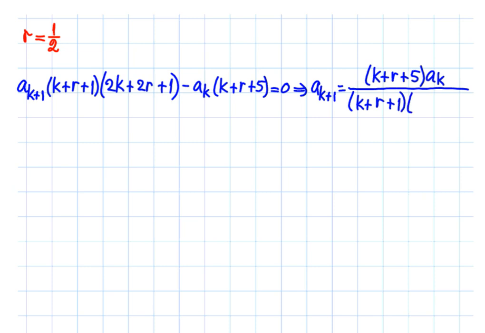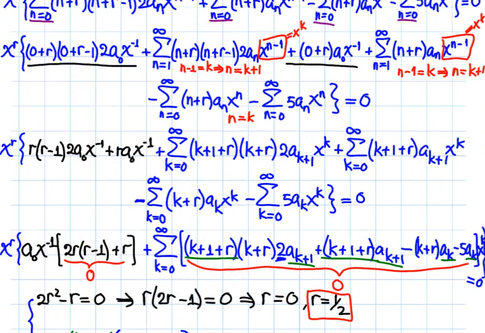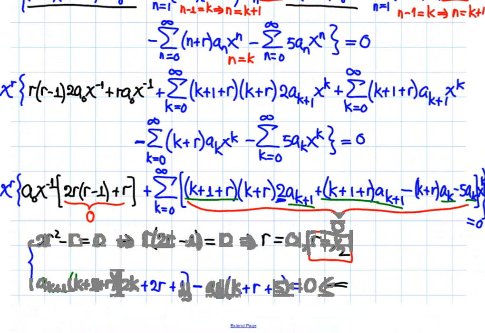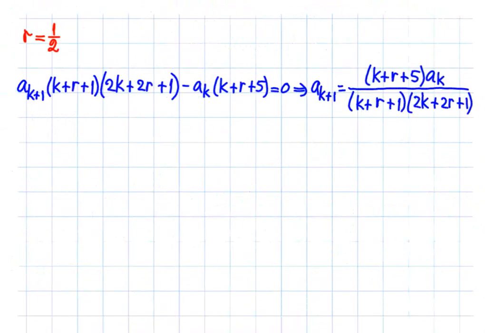And 2k plus 2r plus 1, which pretty much exactly we copy from the last line here. And so for a of k plus 1, now we just use some values for k.